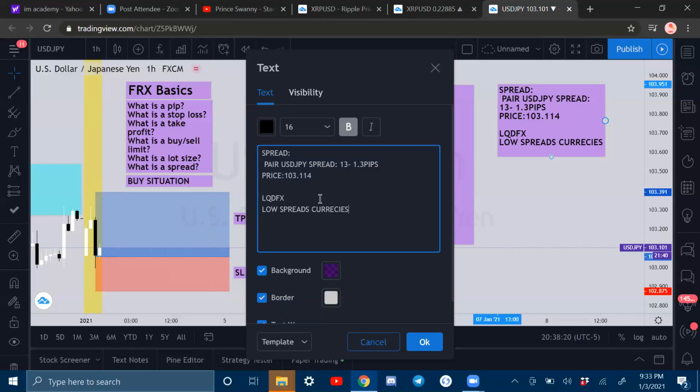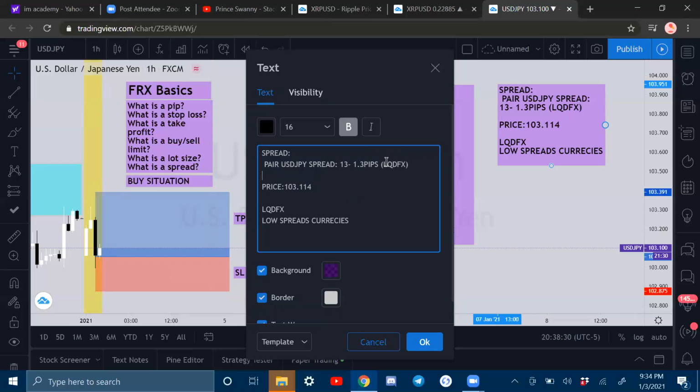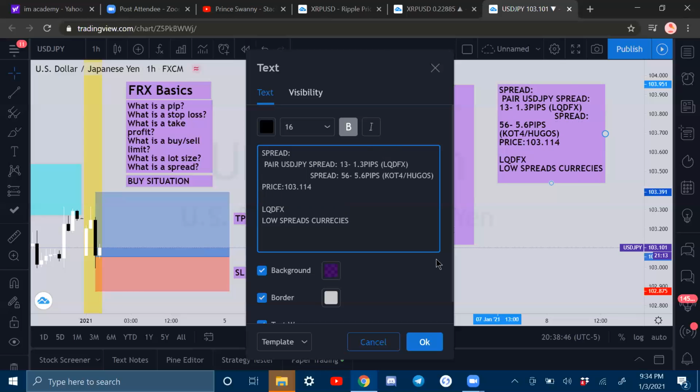It's very low spreads. So for example, on LQDFX, that's my broker. Let's say on another broker, the spread can be something like 56, and that's 5.6 pips. Let's say on KOT4 or Yugos or something like that.